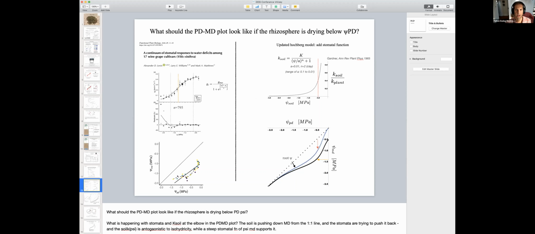I added in a function, and this is going to be for grape, because I found this wonderful paper by Levin and Williams and Mark Matthews from UC Davis, and they have this beautiful function for stomatal conductance as a function of midday leaf water potential. It's a thing of beauty. You never see data this clean.